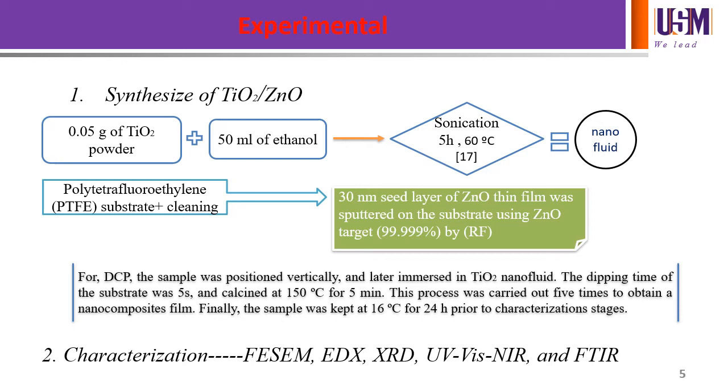Afterwards, a 30 nanometer seed layer of zinc oxide thin film was sputtered on the substrate using a zinc oxide pure target by RF sputtering equipment under specific conditions, as can be seen in the article and the current slide.